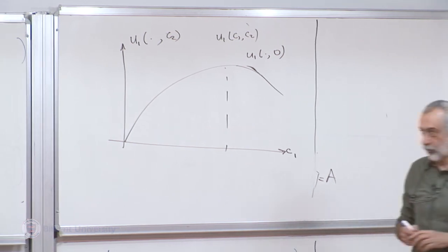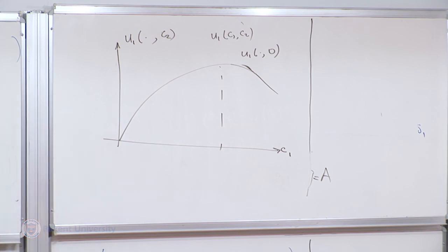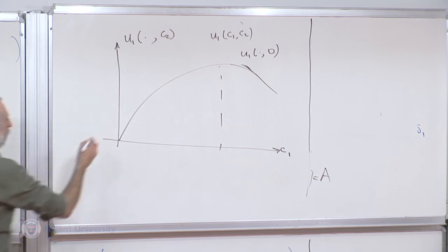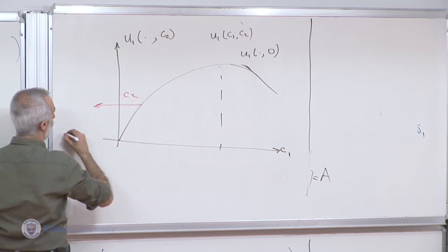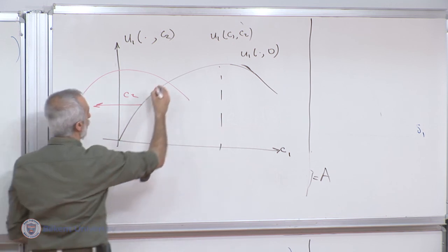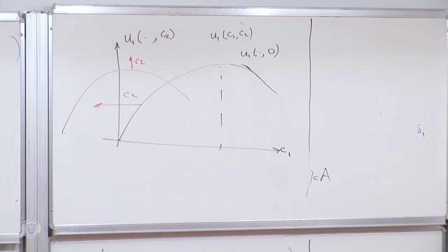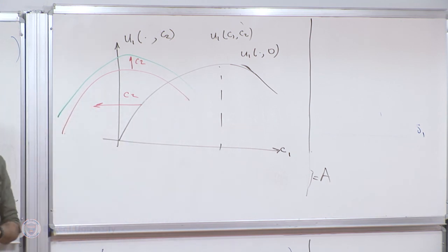And to the left, which is actually the important part. So you shift this to the left by C2 units. I'm going to be bad at drawing this. And then you shift it up by C2 units. So far, so good?